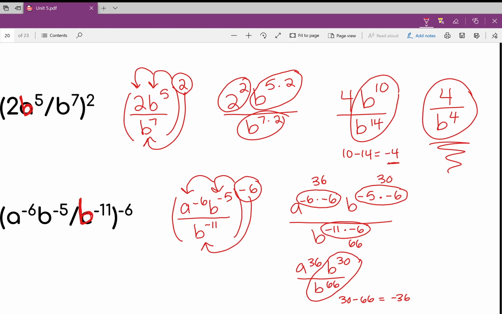So our answer is A 36 over B 36. This is our answer. Since we subtracted 30 minus 66 and got a negative 36, this placed our B on the bottom and not on the top. And since we didn't have a second A to reduce this A, it just stayed on the top. So this is why we got this as our answer.